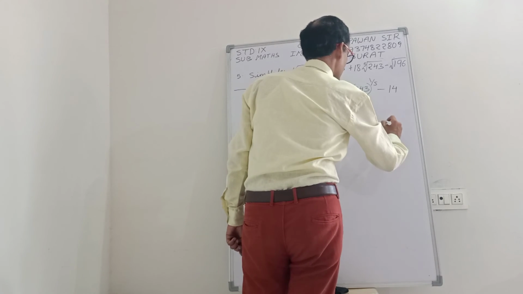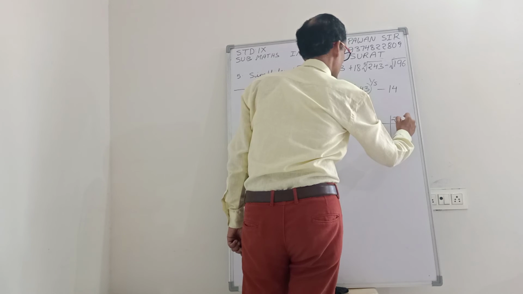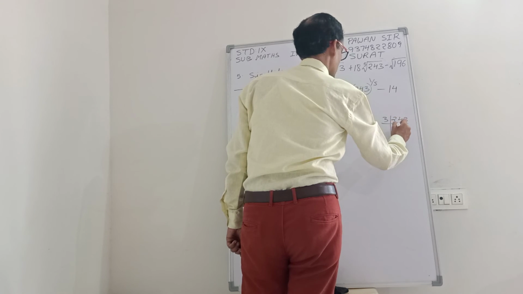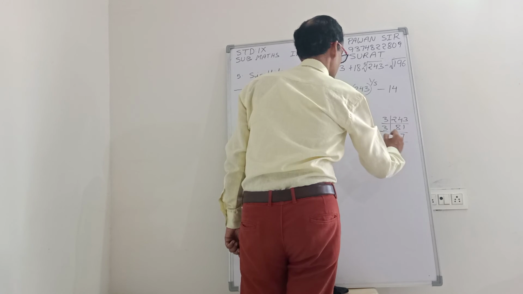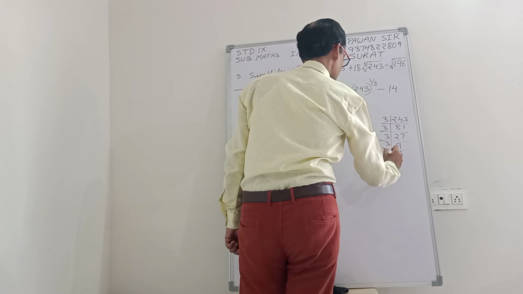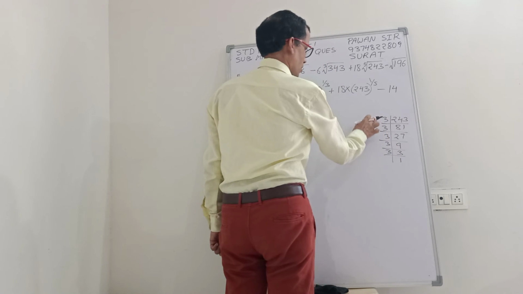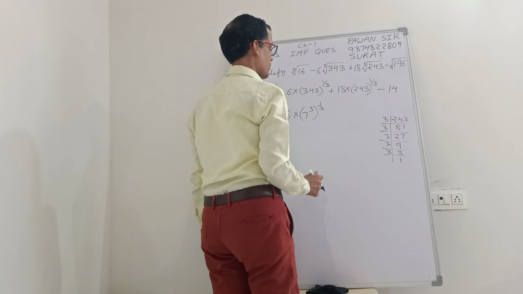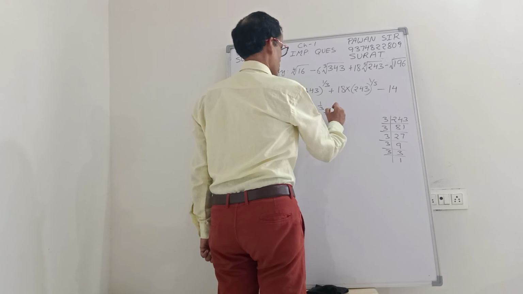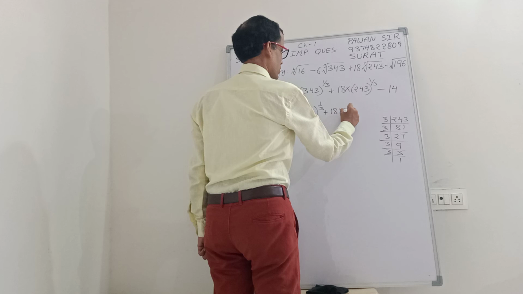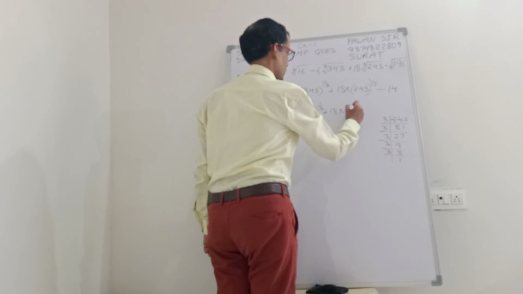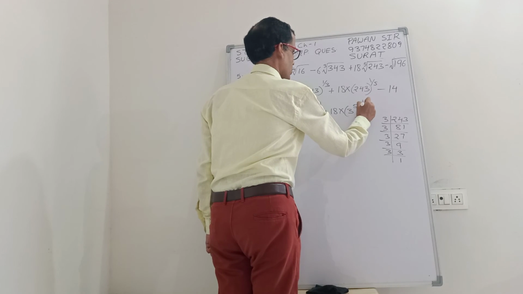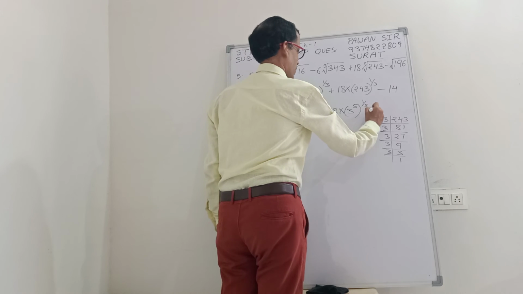So we can do the prime factorization. 3 81s, 3 27s, 3 9s, 3 3s, 3 1s. 1, 2, 3, 4, 5. So this is your 243 is 3 power 5. So we can write 18 into 3 power 5. Again its power is 1 by 5, minus 14.